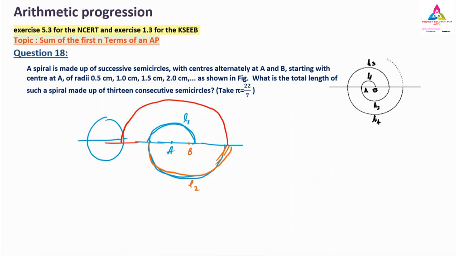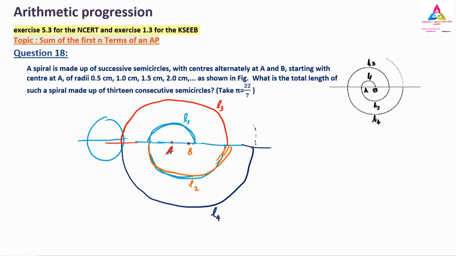The third semicircle, which I have drawn in red, has the center again at A. Centers are changing, and this length is taken as L3. Next it will continue in this way. The fourth semicircle is again a little bit bigger in size, with center B, and its length is taken as L4.